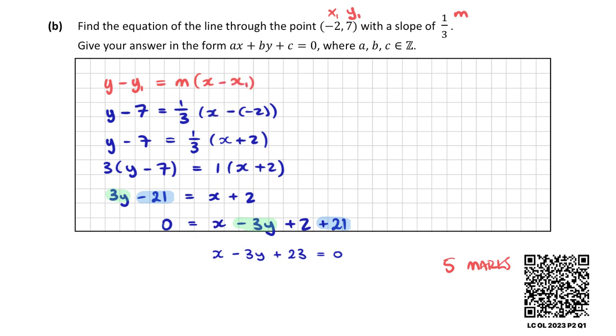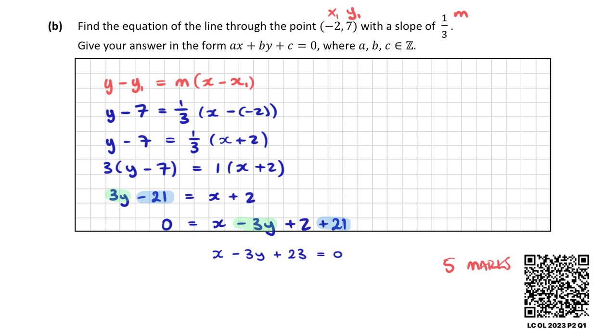So x minus, and then I'm going to put in the x1 value, which is a negative 2. If I have to put in a negative value, that's perfectly fine, but you should know that in the next step, the minus minus will turn into a plus. So we're going to end up with y minus 7 is equal to 1 over 3 times x plus 2, because if you've got a minus multiplied by a minus, it turns into a plus.